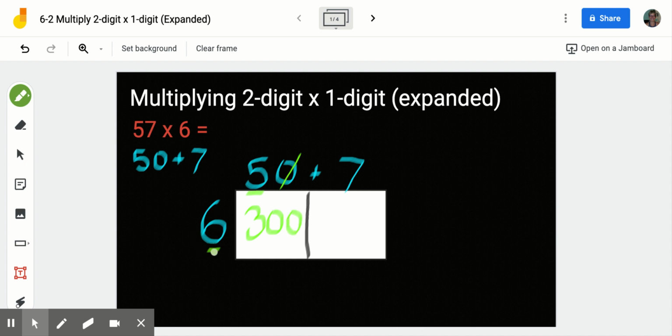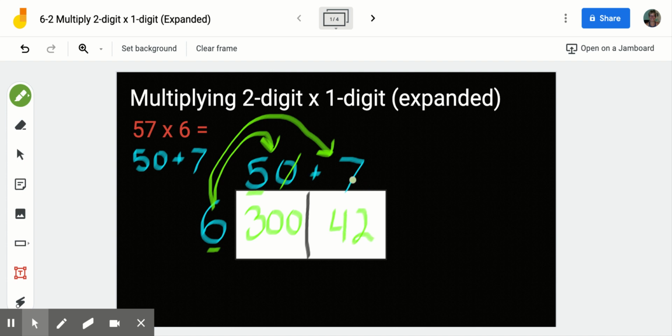And now I'm also going to do 6 times 7. So I'm multiplying the 6 times 50, and I'm multiplying the 6 times 7, okay? Because I broke up the 57 into 50 and 7. And 6 times 7 is 42.